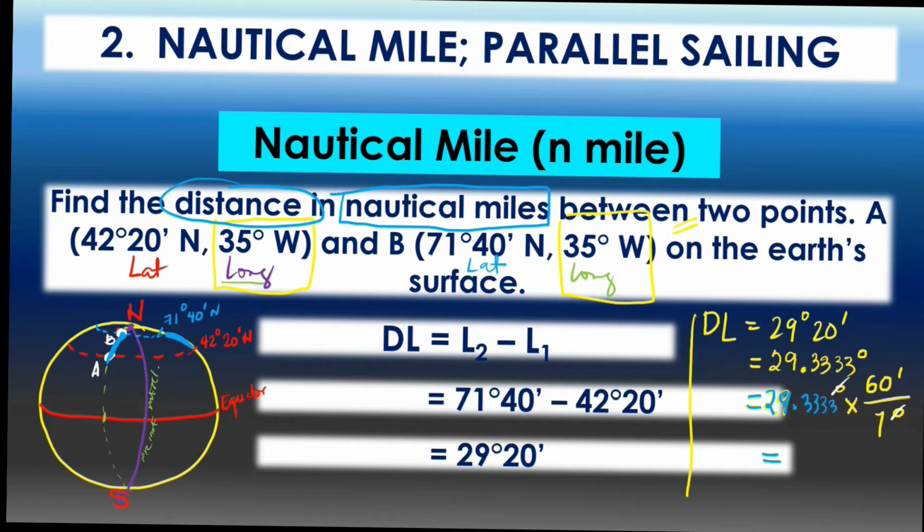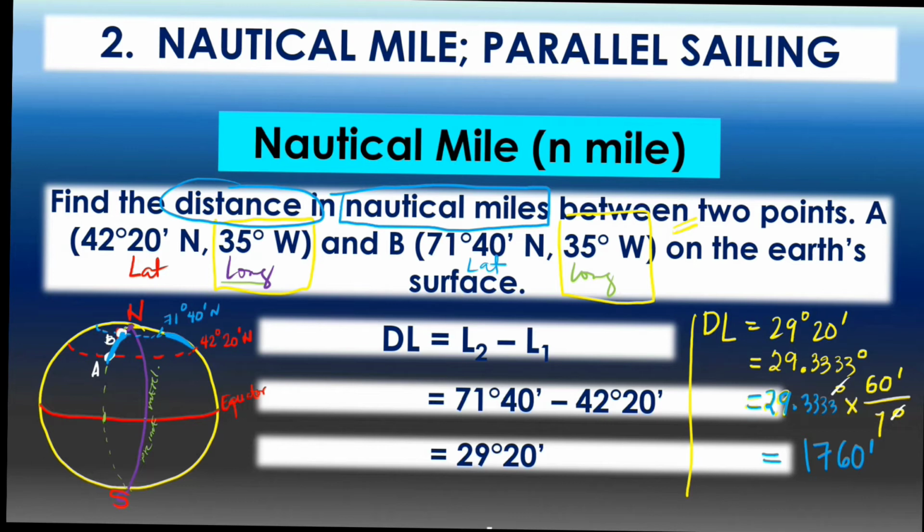Okay. So you can use your calculator. 29.3333 times 60. So we have 1759.998. But then remember, the 29 degrees and 20 minutes is actually 29.33333, so we do have the repeated 3. This is equal to 1760 minutes. Okay, this is in minutes.